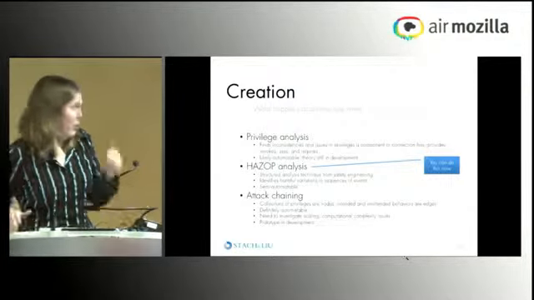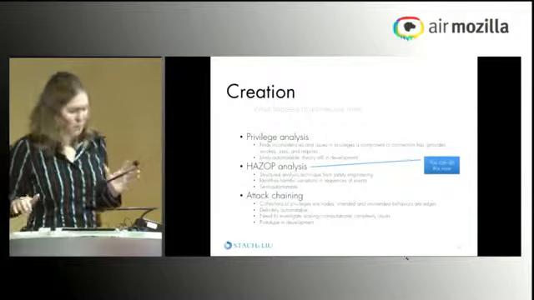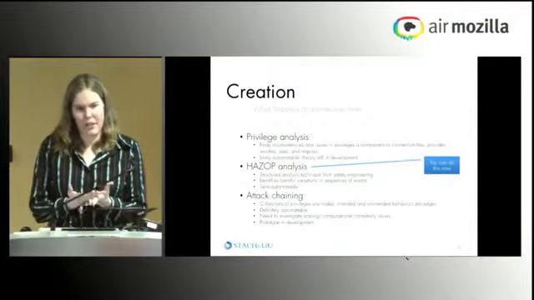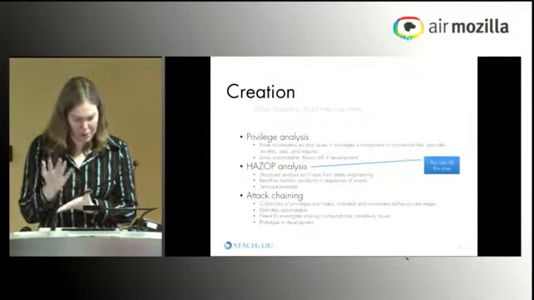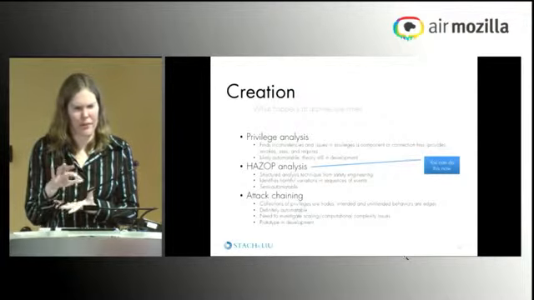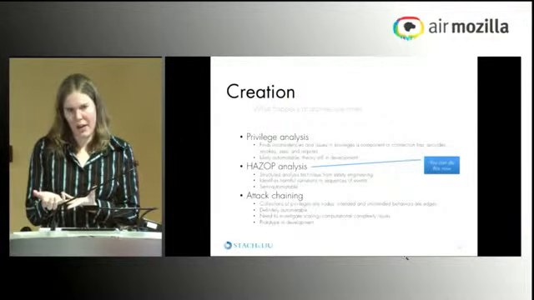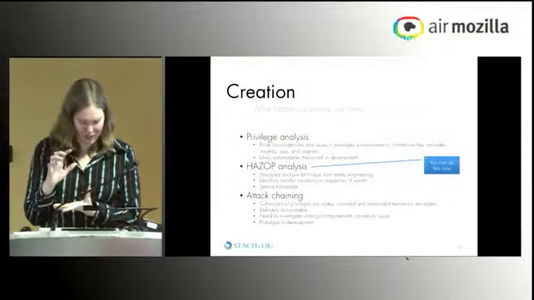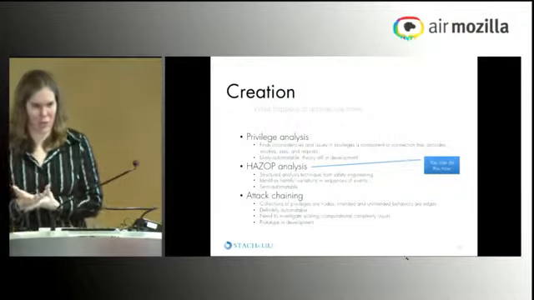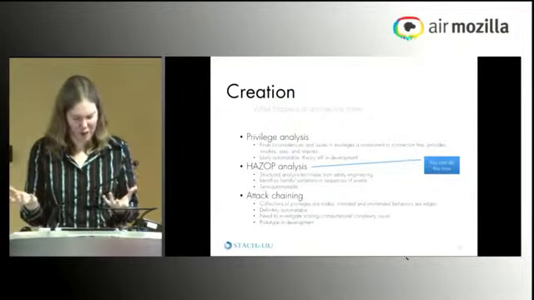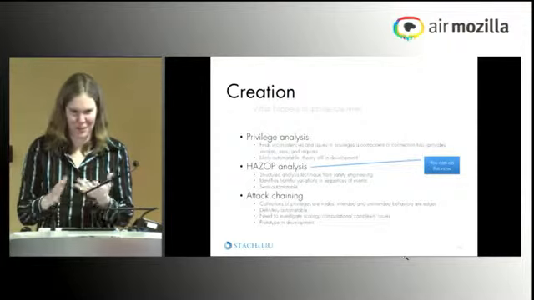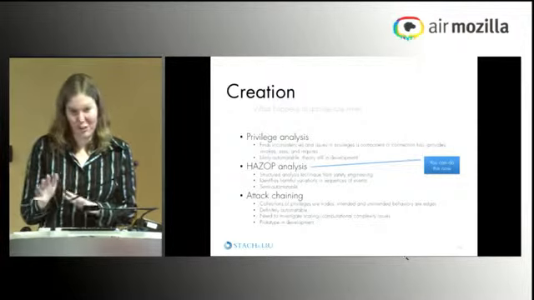Okay, so architecture time. Basically there are three main things that go into this from Trike's perspective. One of them is privilege analysis. This is the most similar to STRIDE that we have, and perhaps because it's similar to STRIDE, which people already know how to use, and perhaps because it was less interesting, I guess, we're less finished with this.